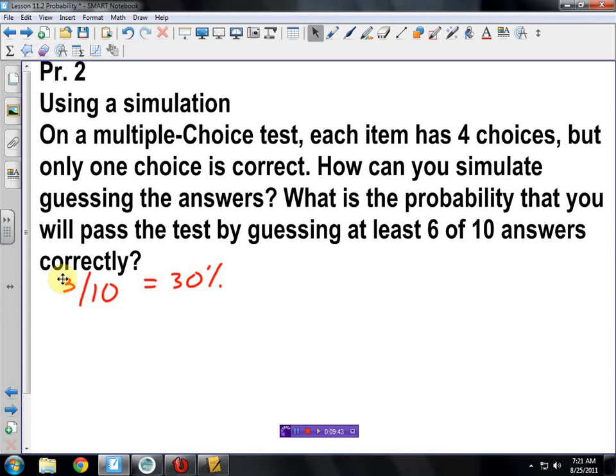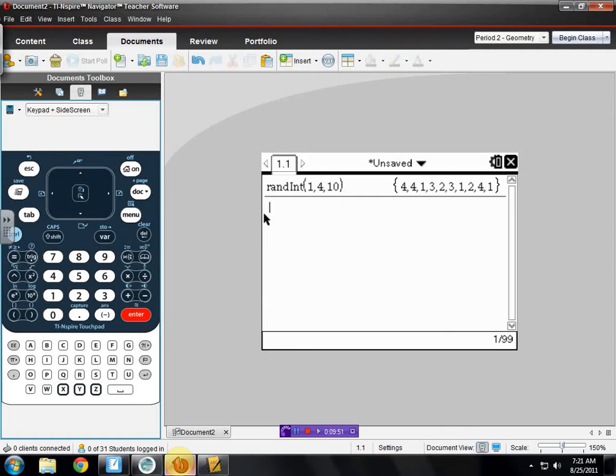Now from here, that's only one simulation, so we can't really say it's always going to be 30% yet. So let's come over here and let's just hit enter again, and it'll redo it for us. So now I get a new one. If we count, we have 1, 2, 3, 4. We have 4 ones, which means now we have a 40%, right?